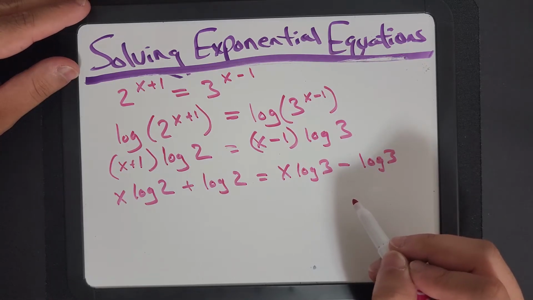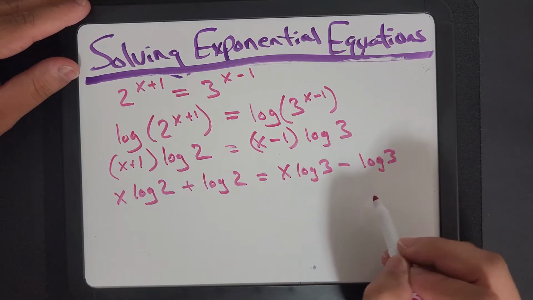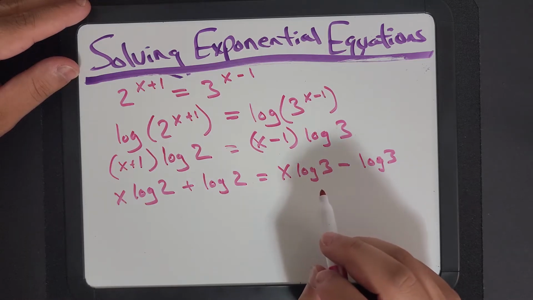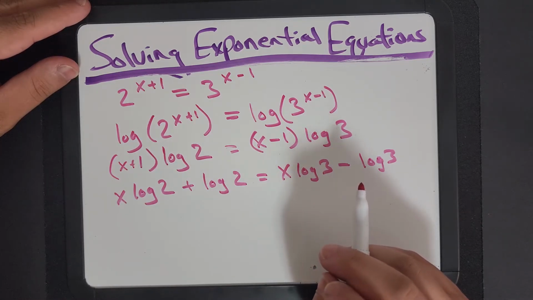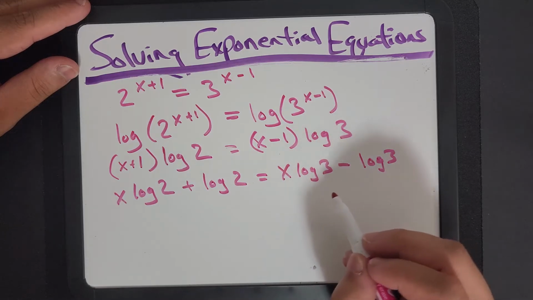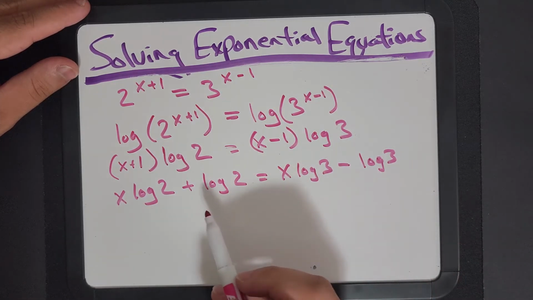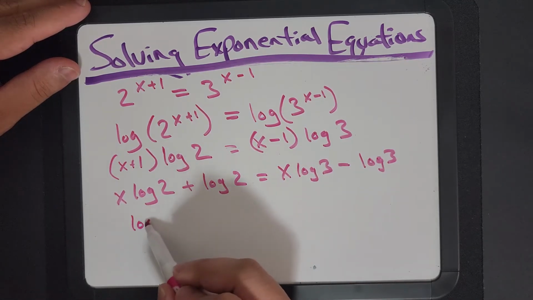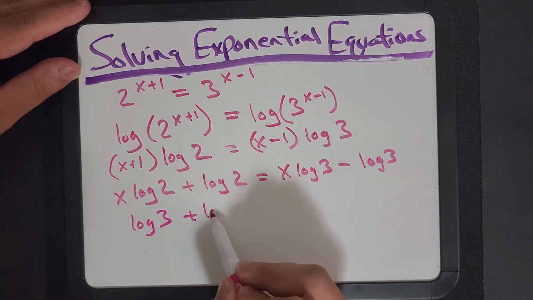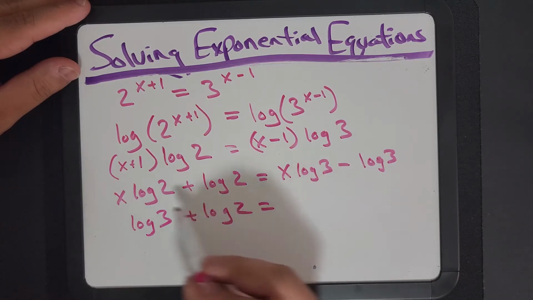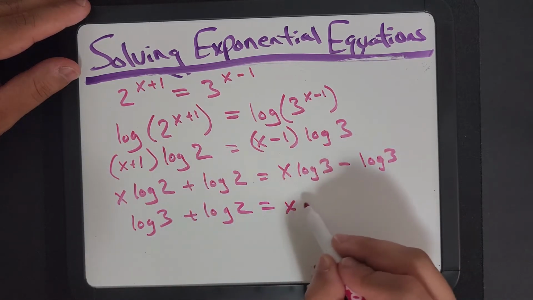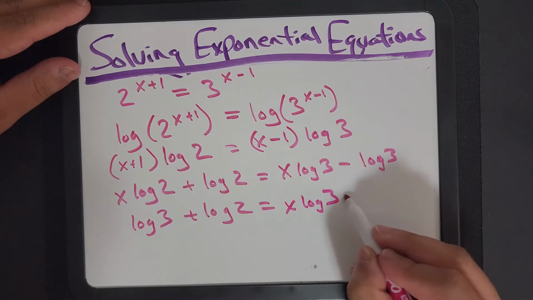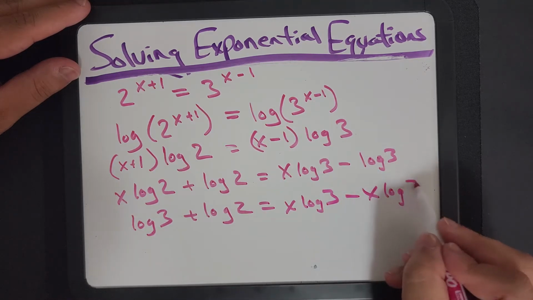And now let's arrange the x's on one side and the non-x's on the other side. So I should have, I'll bring this 3 over to that side. So I'll have log 3 plus log 2, and I'll bring that guy over to this side, x log 3 minus x log 2.